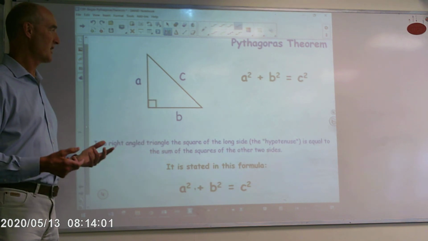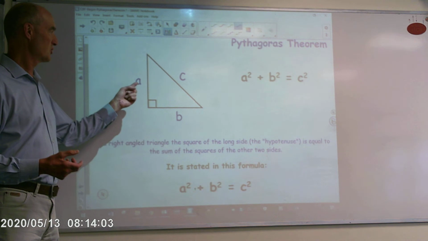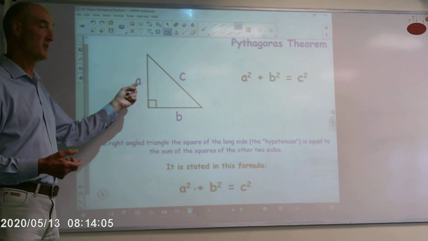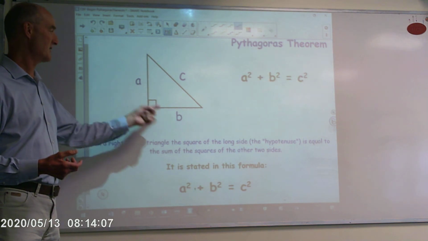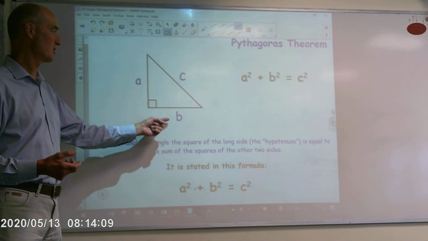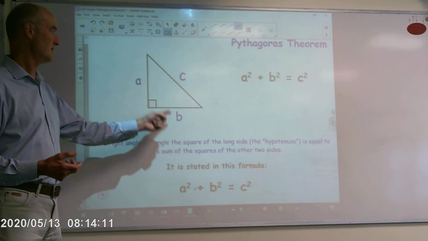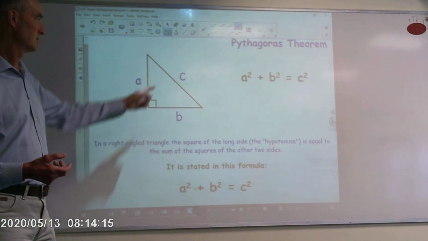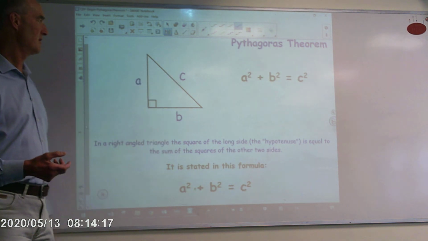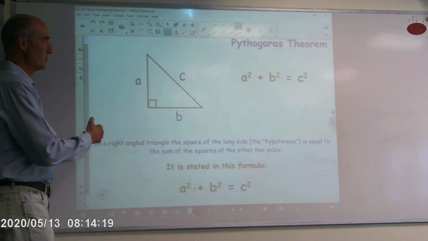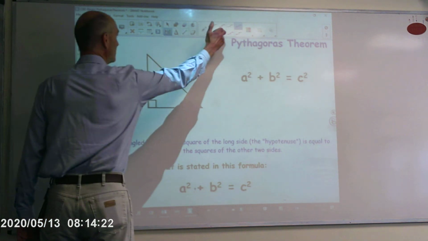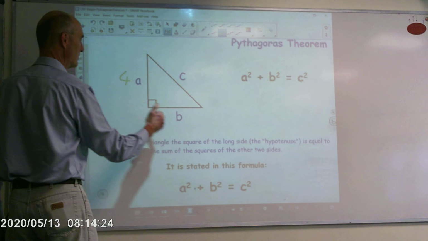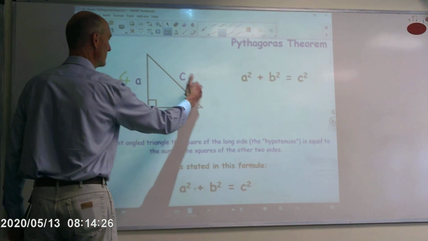Basically what it's saying is if you square the size of side A and you add that to the square of side B, add those two together and it equals the square of that third side. So in our example that we've just done, we had 4, we had 3, we had 5.